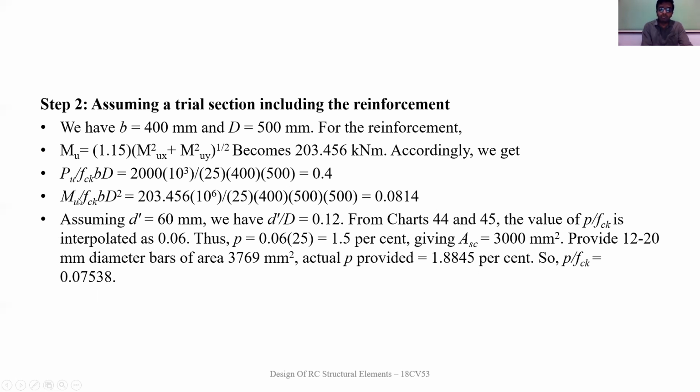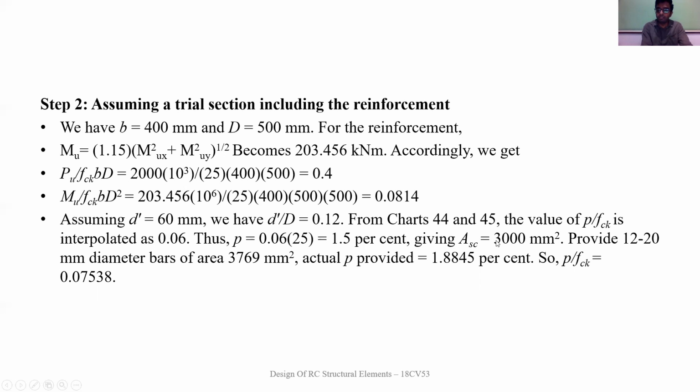Pu by fck and Mu by fck are calculated, and assuming the cover as 60 mm, using charts 44 and 45 of SP16, the value of p by fck is interpolated to 0.06. Therefore, the percentage of steel as per the charts of SP16 is considered as 1.5, which gives me an area of 3000 millimeter square.